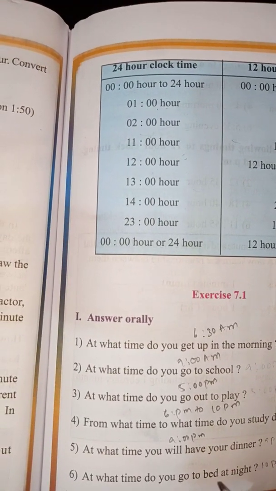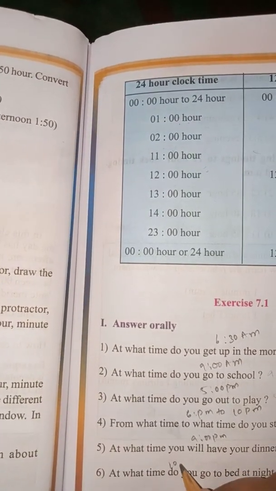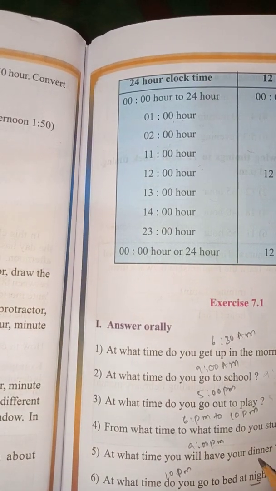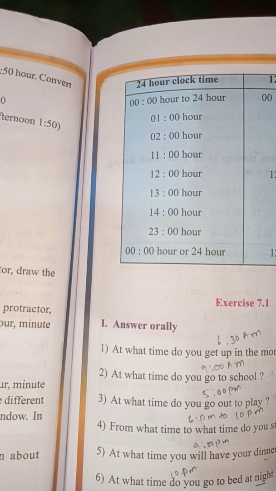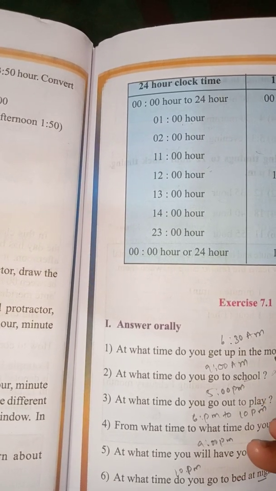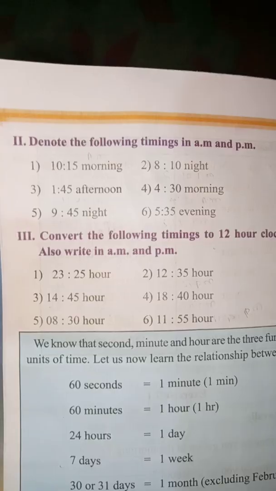At what time do you go to bed at night? 10 PM. Night is PM. Dinner is PM. Study at night is PM, and play is also PM. Morning is AM.